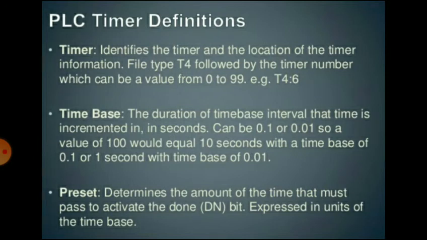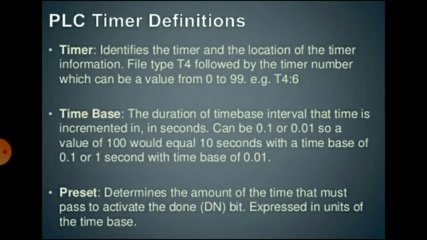So, PLC timer definitions. We will see the different meanings of the terms used in a timer. First, the timer: it identifies the timer and the location of the timer information.